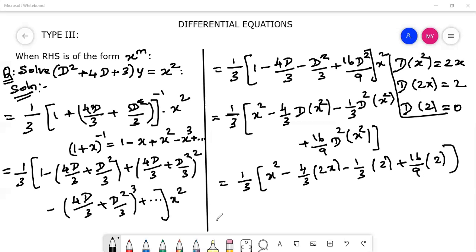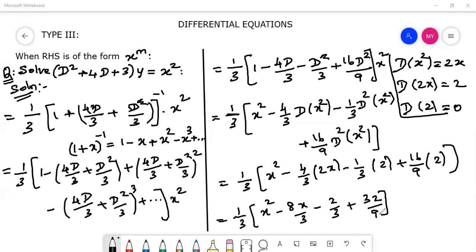Now just you can solve this. So 1/3, this x² is only one term, so we can write it as it is. When you multiply, it is 8x/3, and this is minus 2/3, and this is 32/9.